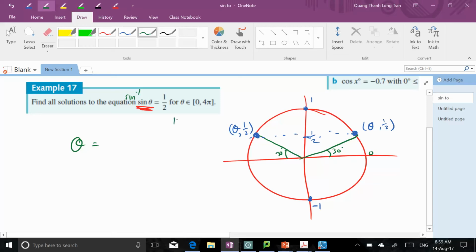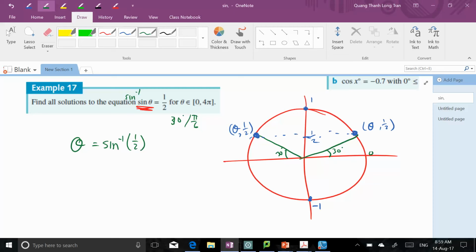You said it had to be 30 degrees, or equivalently pi on 6. We knew that by taking sine inverse of both sides, theta equals sine inverse of half, meaning sine of what gave you half, and you told me 30 degrees. So we know the answer is 30. But the problem is there are infinite solutions. In our case, there's only 4 solutions, so you have to figure it out.